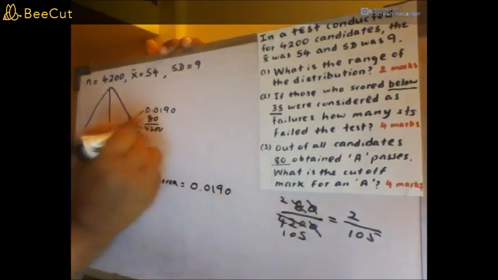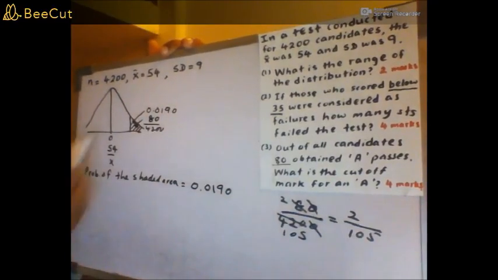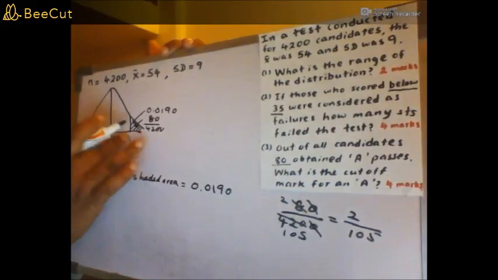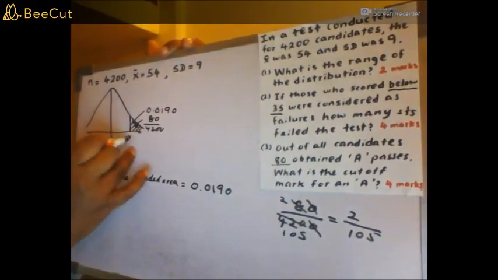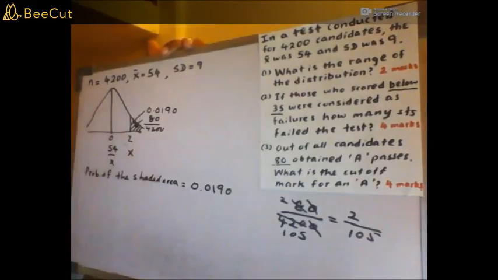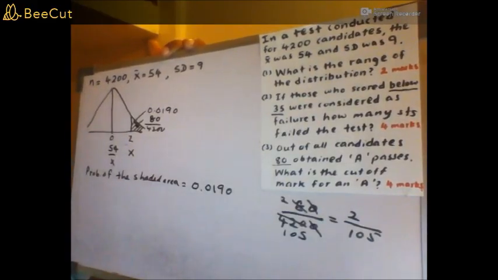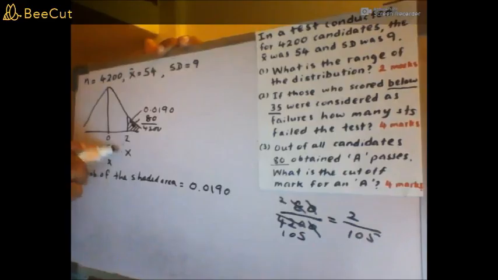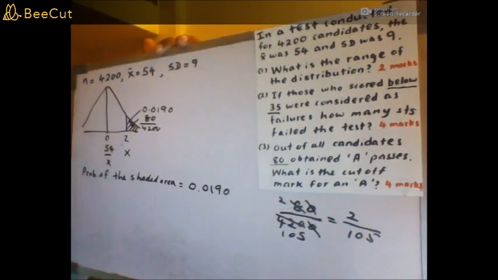This calculation, right? Then we know this one. We have to find the Z value here. And then we have to find the X value. When the number of students is given, you have to find two things, right? Z and the x.